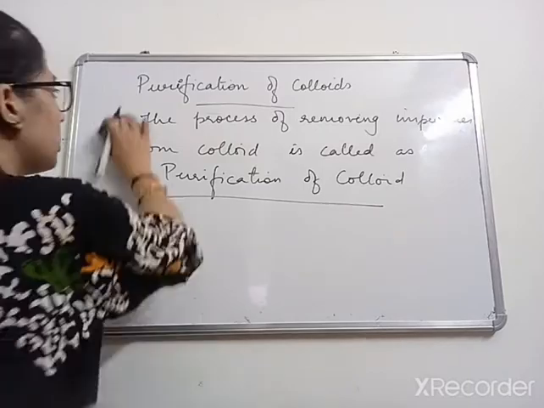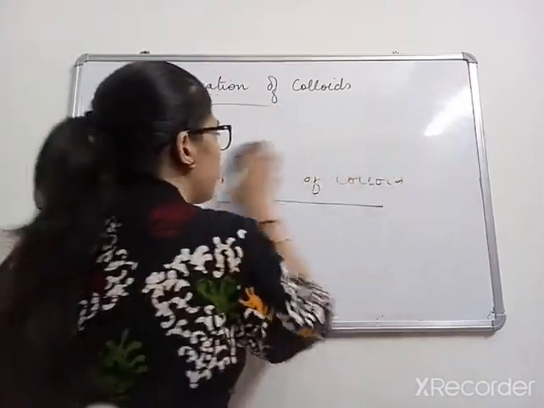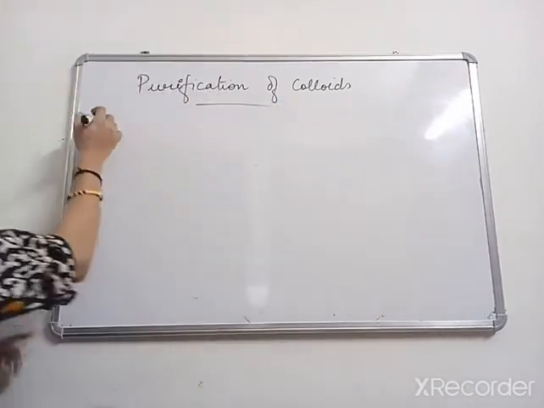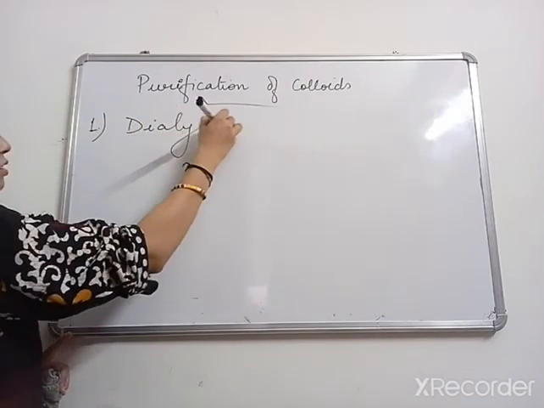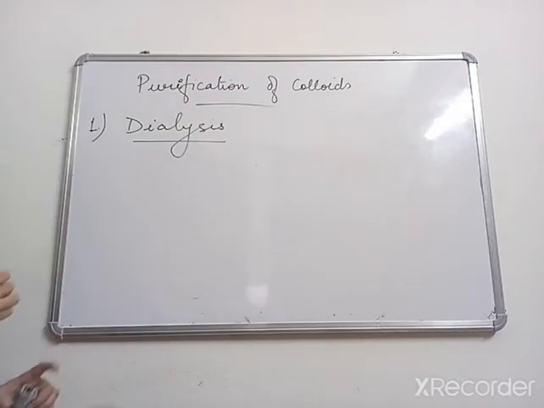Now the first important method by which we can purify a colloid is called dialysis.